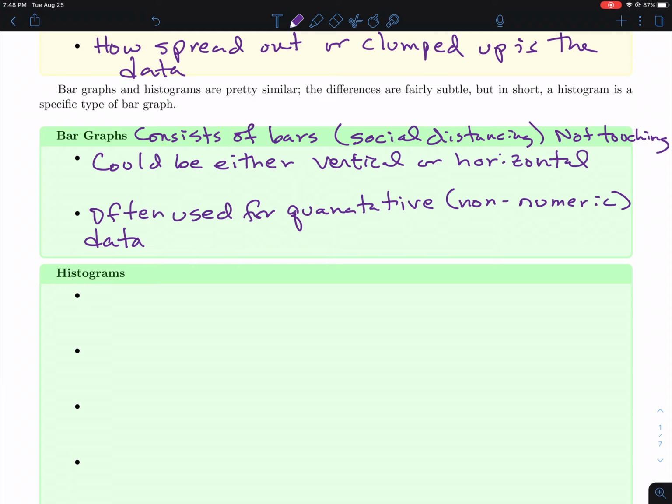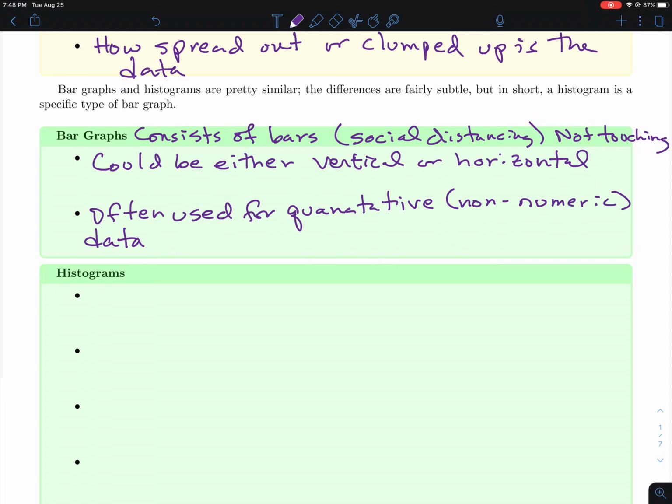If you imagine in the last section when we did the letter grade one, it wouldn't make sense to do a histogram, not that we know what a histogram is yet, because A, B, C, D, and F are all separate anyway, so it would make sense to graph that as a bar graph.